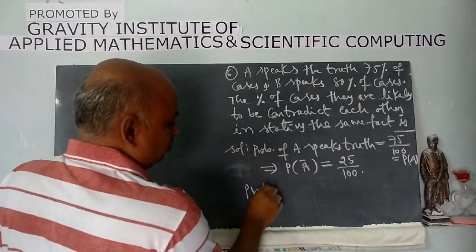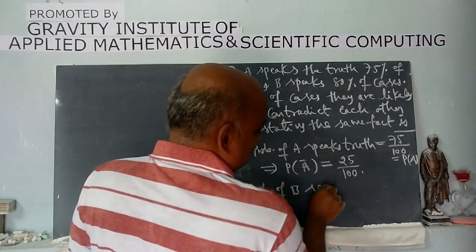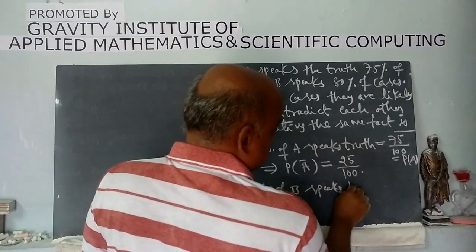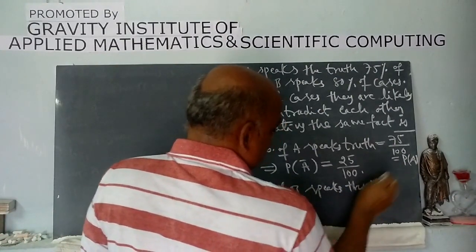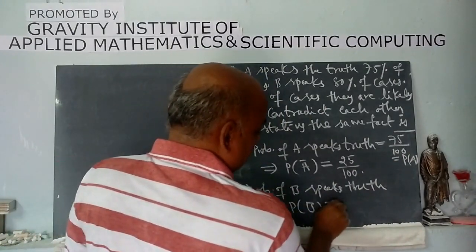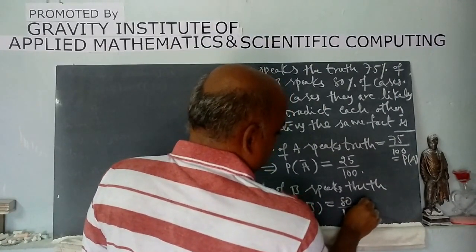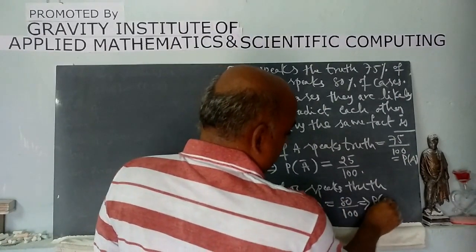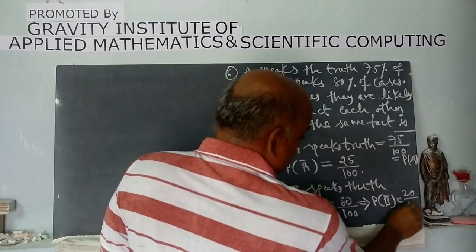Probability of B speaks truth, P of B, is 80 by 100. This implies probability of B complement is 20 by 100.